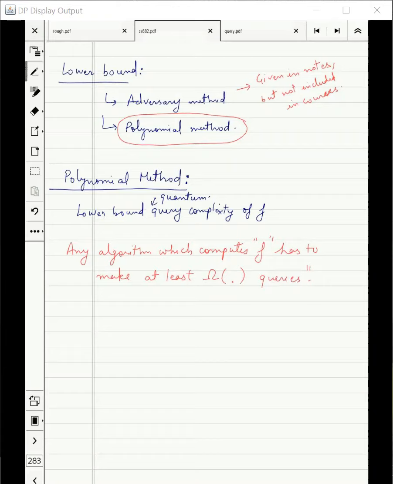One example of this would be OR requires at least root n queries.